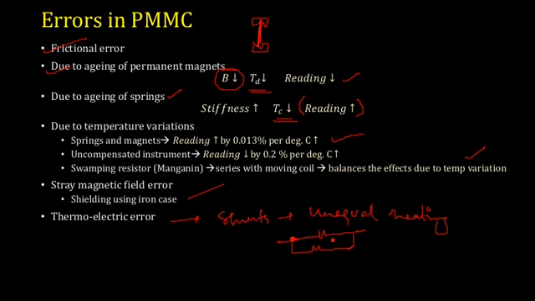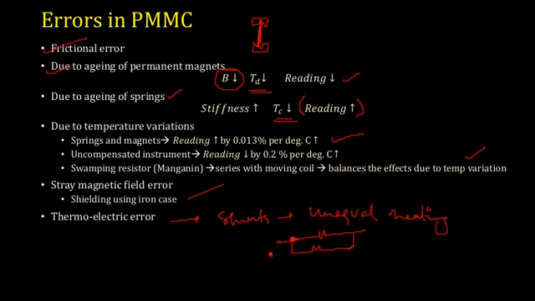Now these errors can be minimized by using alloys like Manganin and Constantan, which have minimum variation with temperature when compared to copper. In comparison, the temperature effects will be minimum if you use Manganin or Constantan as the shunt element.